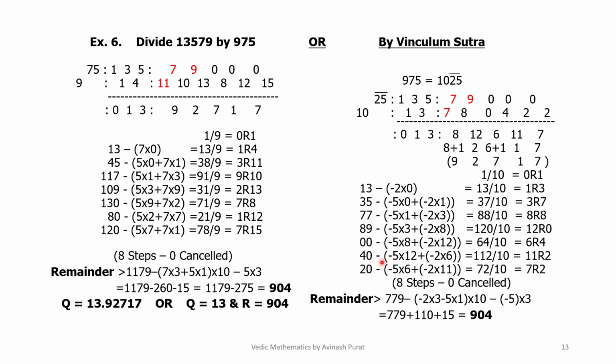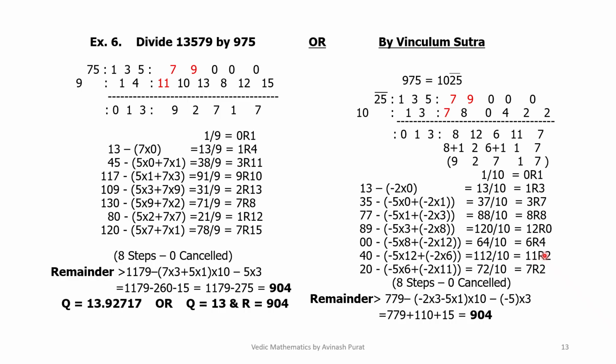So 40 minus (5 into 12 plus bar 2 into 6), that is 60 plus 12, 72. 40 plus 72 is 112 divided by 10 equals 11.